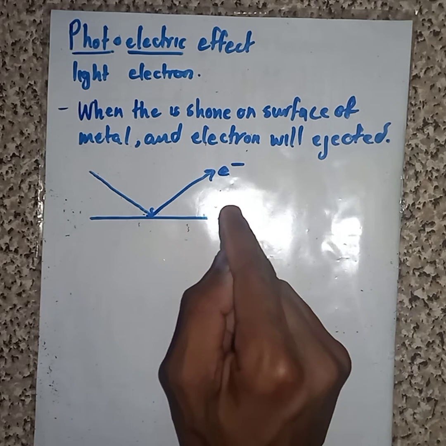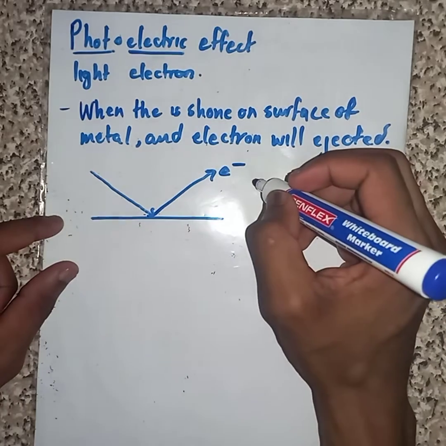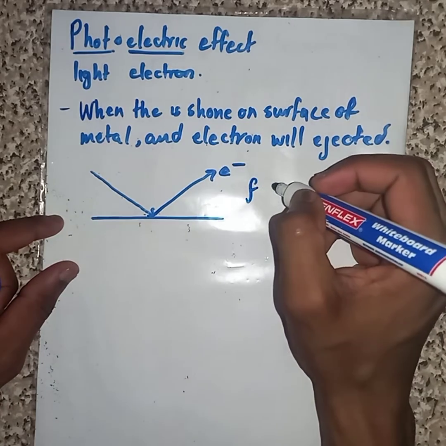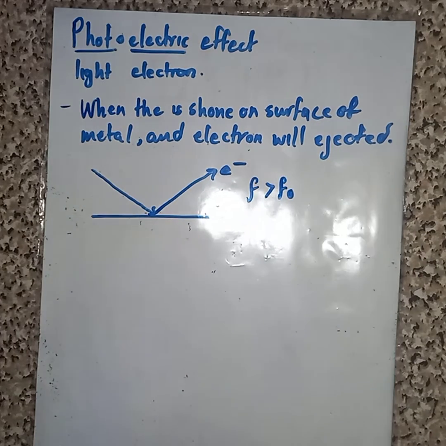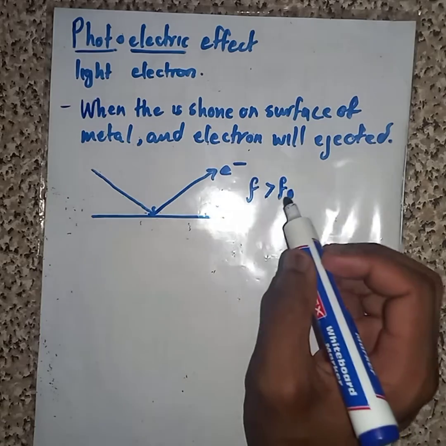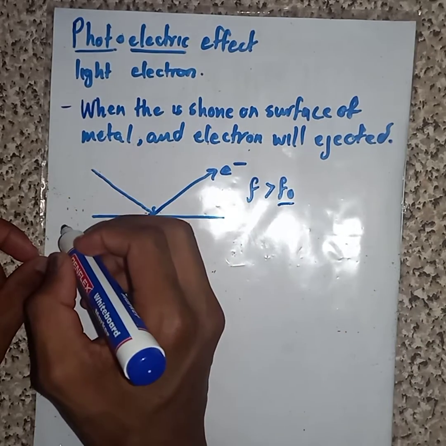For this electron to be ejected, the frequency of the light has to be greater than the threshold frequency. Now, what do we mean by the term threshold frequency?